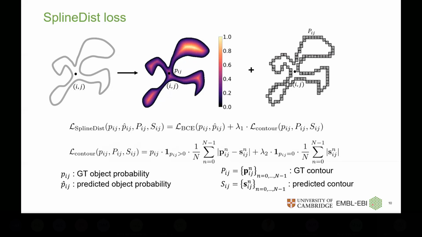Again, it performs an L1 loss between the ground truth contour and the predicted contour, and for the background pixels, it considers regularization over the predicted contour. We also again use two more regularization factors, lambda 1 and lambda 2, to provide additional regularization for stability.